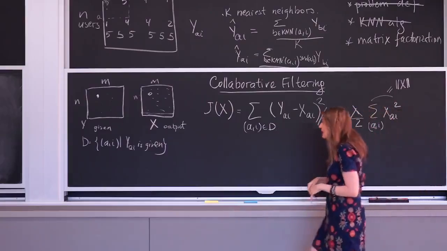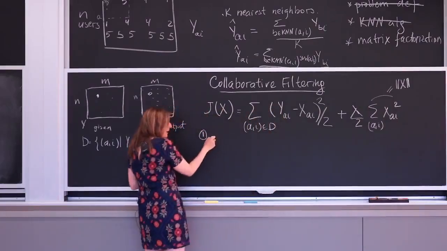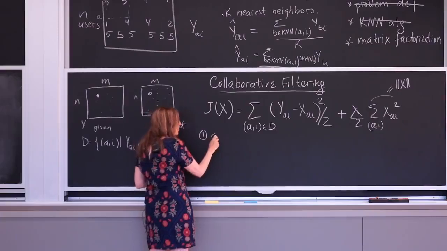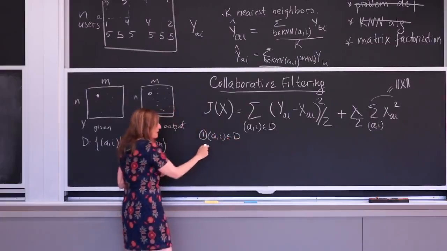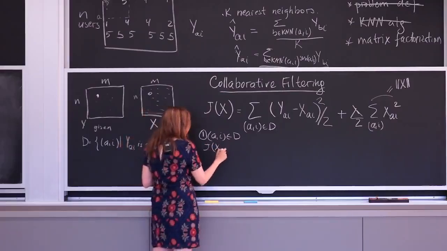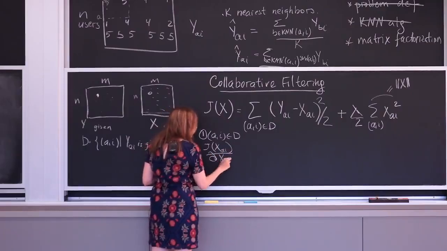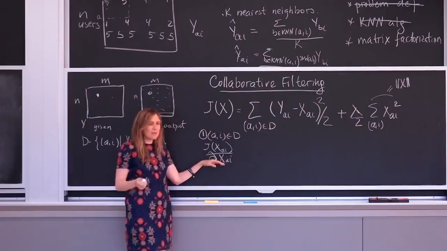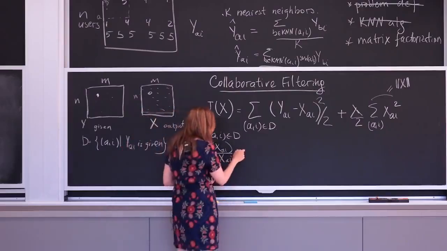So let's just start by looking at it. We will make an assumption that the particular x_i that I'm looking at belongs to D. Okay? So in this case, as I've said, what we're going to do, we will take J of x_ai and do the same thing we've done previously, which is just differentiate with respect to this x_i.